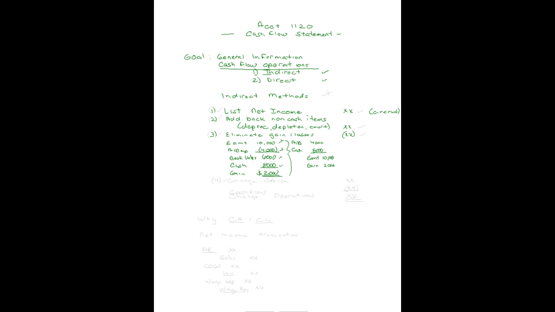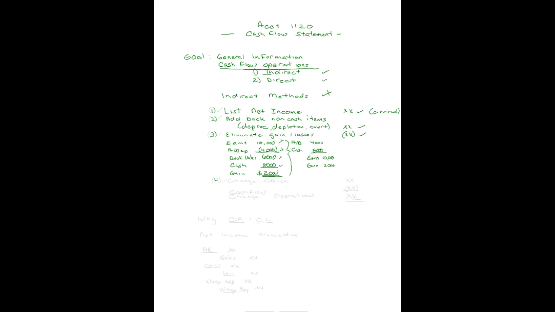Where do you put a sale of your own assets? The answer is that it belongs in cash flow from investing. So we're going to learn how to do cash flow from operations on the indirect method, and that has this: list net income. Add back non-cash items, subtract any gains or add back in any losses because they're in the wrong section.